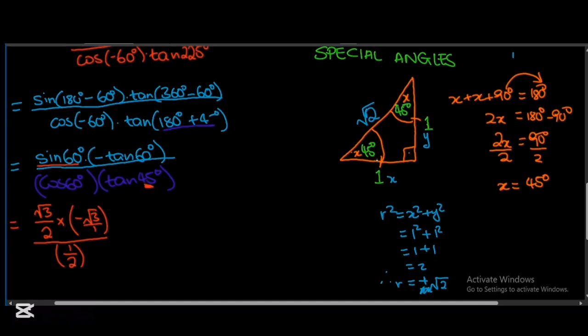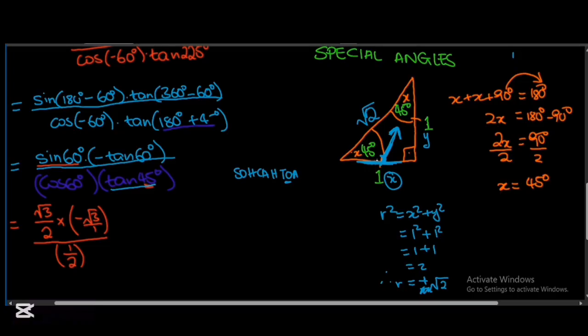So now, using this special triangle, we'll know that tan, going by SOHCAHTOA, is opposite over adjacent. The opposite side of 45 degrees, we can see that x is the opposite side. Remember, opposite is the side that is facing the angle, right?